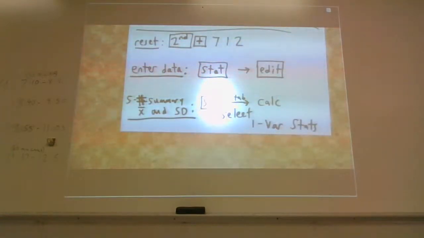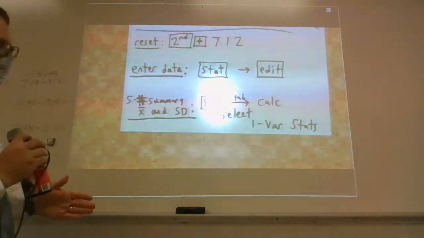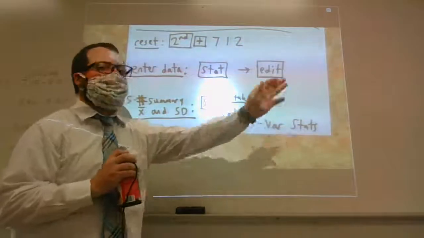As long as you do that, it will calculate a 1-variable statistical summary for everything that you've entered into list 1. If you wanted to do something from list 2, then you would have to specify 1-var stats list 2.